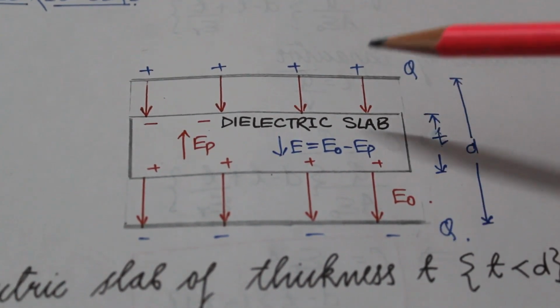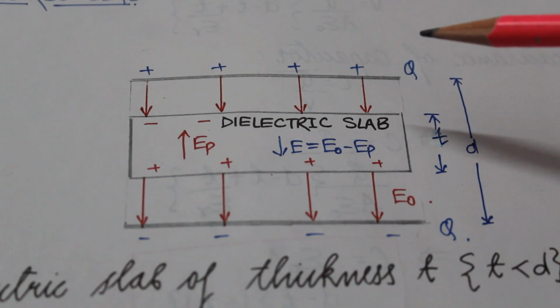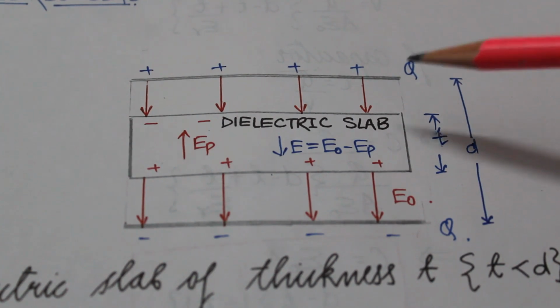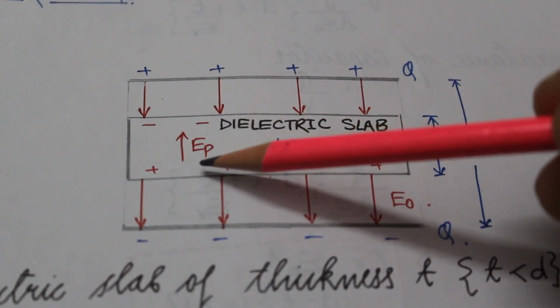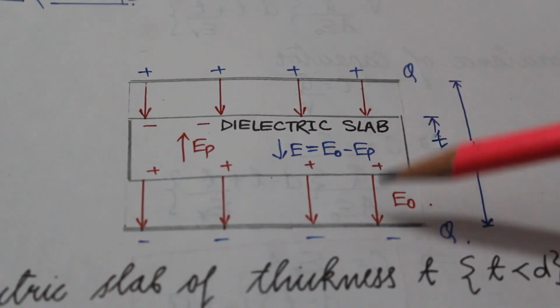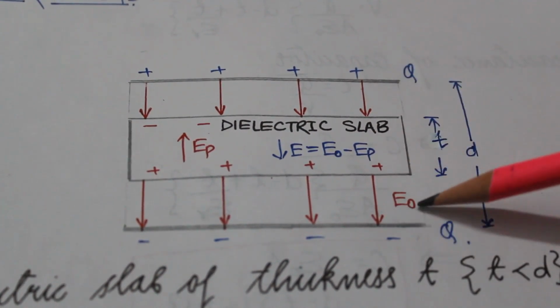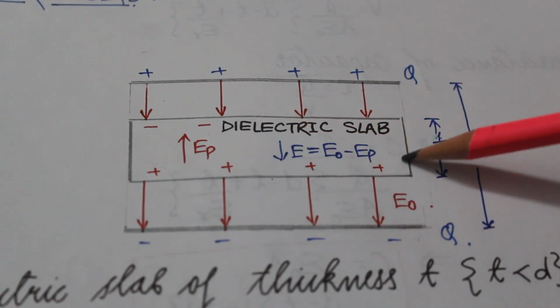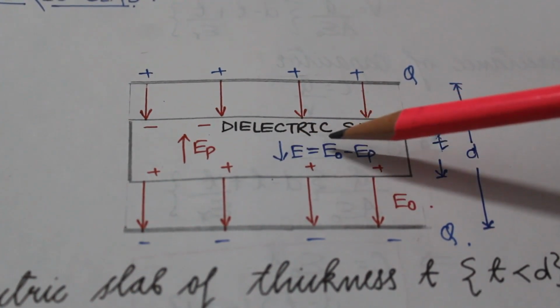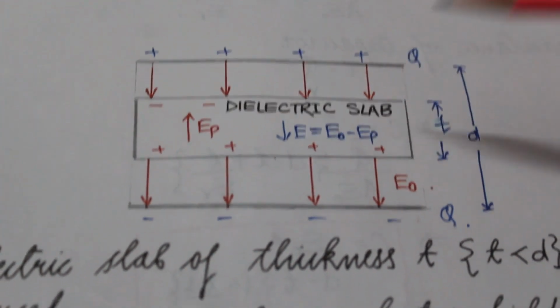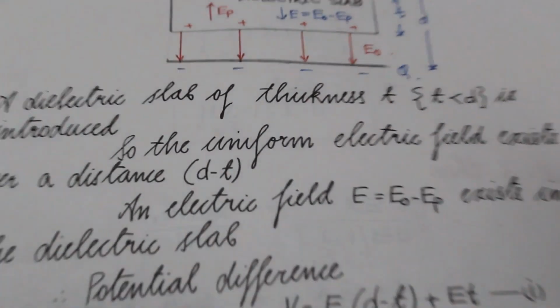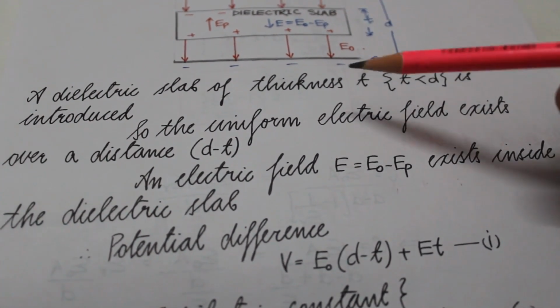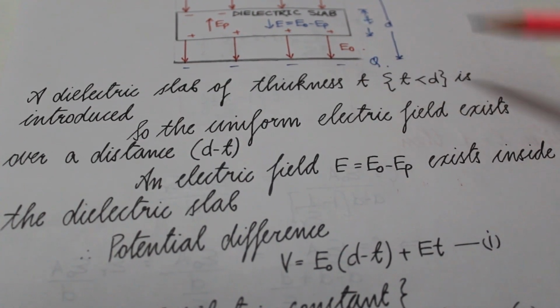As we know, inside the dielectric there is a weak electric field produced. Let's say it is given by EP. The electric field produced by the two plates is given by E naught. So the net electric field inside the dielectric slab will be given by E is equal to E naught minus EP. So a dielectric slab of thickness T, less than D, is introduced.